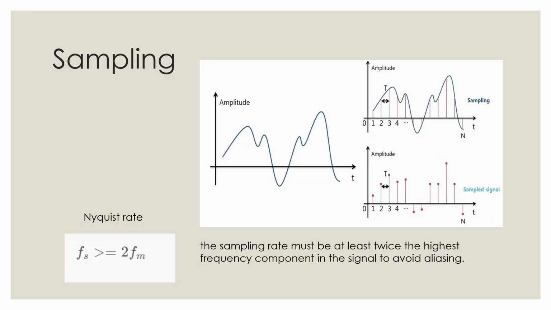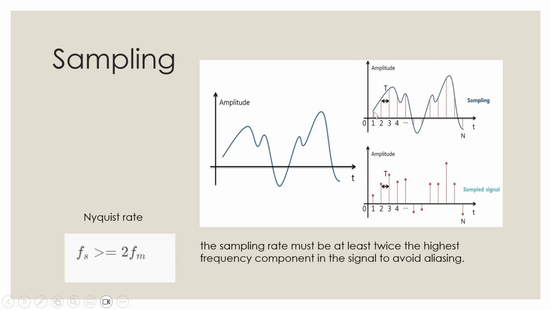First we'll see what is meant by sampling. Whenever the light falls on the sensor, we get an analog signal like this, as I showed you in the previous slide. This analog signal is converted into digital by means of sampling. Instead of continuous values of the amplitude, we take the amplitude values with respect to time. So we take only samples.